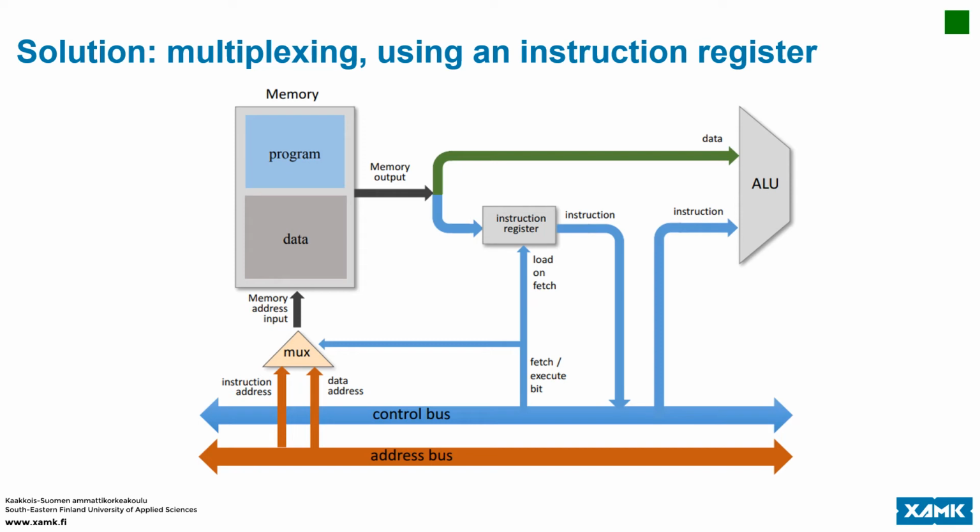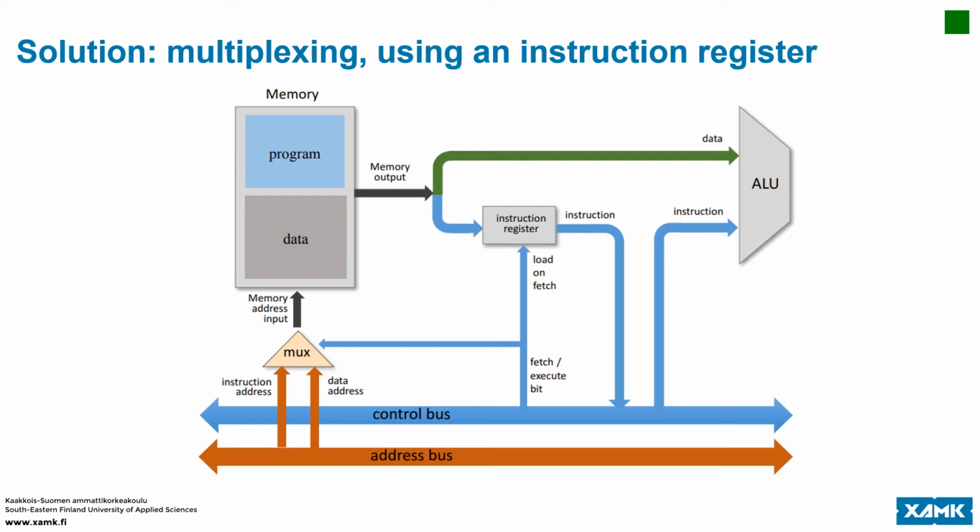The first one is presented here, and it involves solving this data instruction clash by using a multiplexer circuit and an instruction register. If we start from the instruction register, it sits on the bus from the memory toward the ALU, so from left to right. And it connects the data bus on the top to the control bus on the bottom.